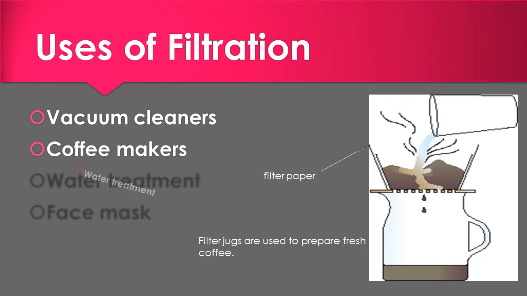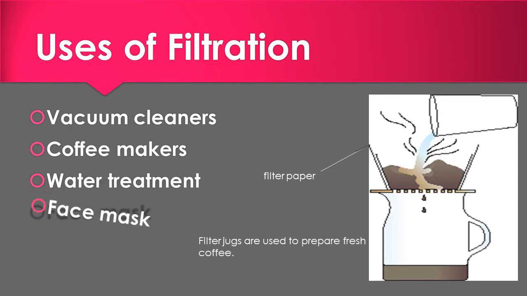It is also useful in water treatment, especially in dams. When you try to make the water cleaner, you need to use filtration to separate the solid particles, the solid debris, or the sand from the water itself. So it's very important.